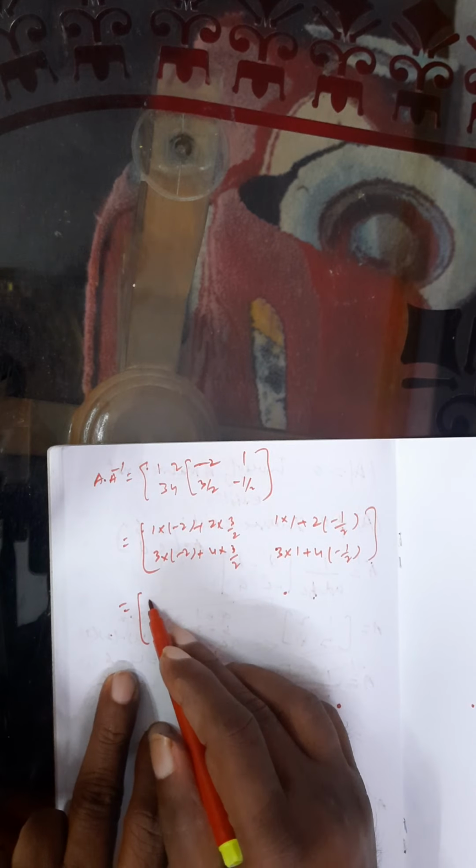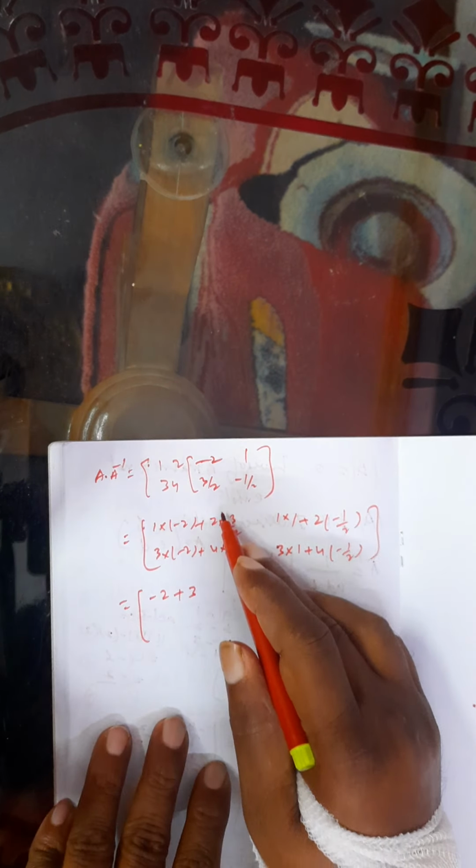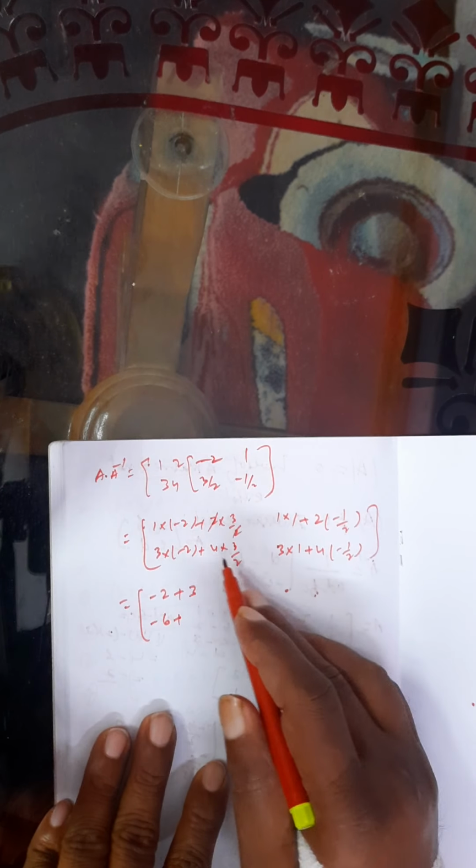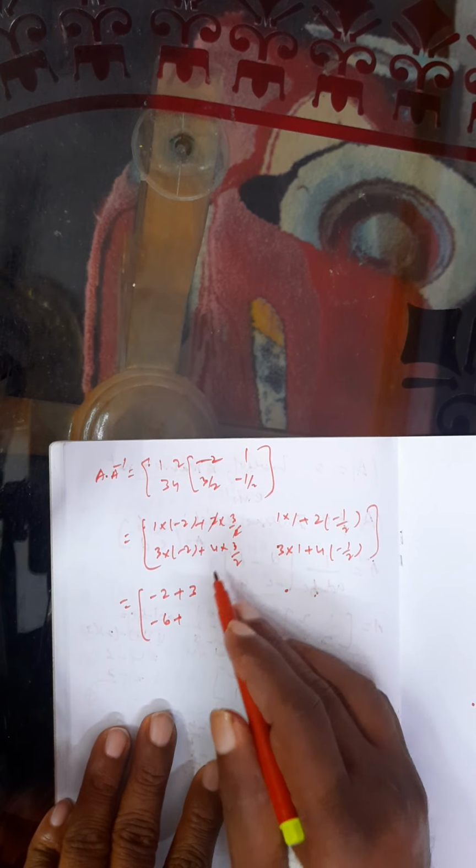Now simplify it. 1 2s are 2, minus 2, 2 gone, plus 3. Okay, 2 divided by this cancel. Here minus 6, 2 3s are minus 6, plus 2 into this 6.